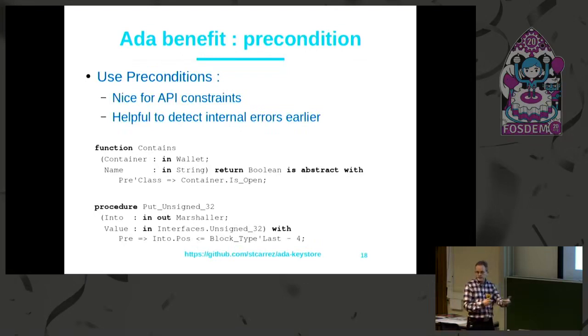You cannot verify that the name is contained in the container if it is locked, for example. And internally, I have also used it to make sure that at various positions, at various steps, when I'm doing some operation, the constraint on the object is verified.